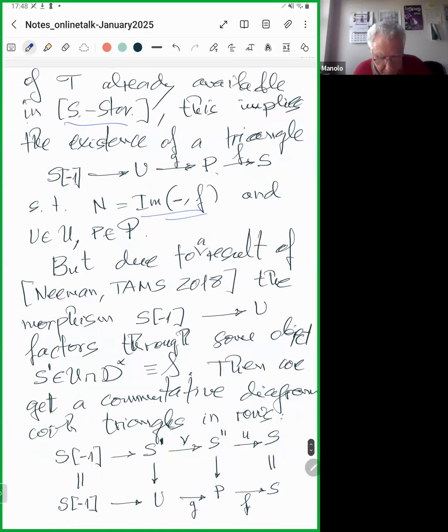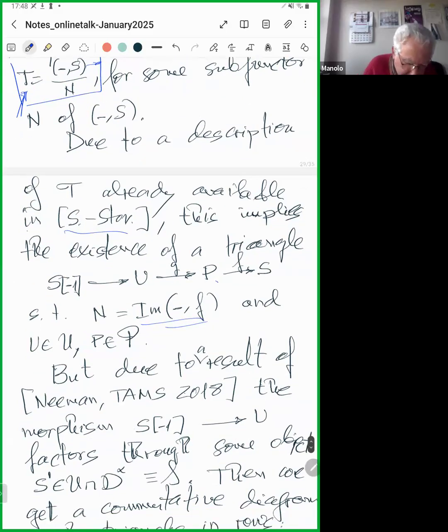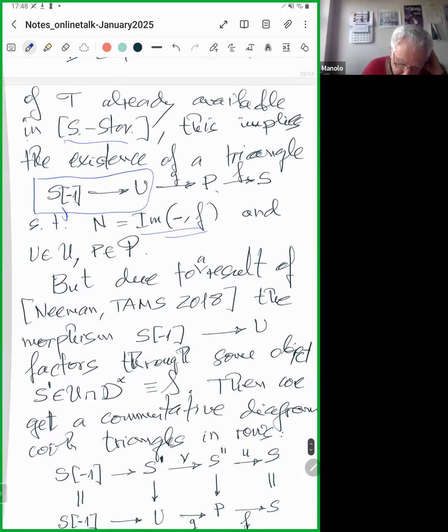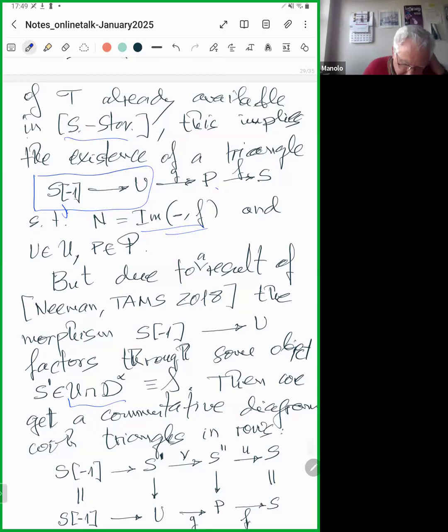And then, due to a result of Neeman, this map comes from an alpha compact object. This is no longer in the aisle, but it's an alpha compact object, and it goes to an object in U. And Neeman says that in such a case, these maps factor through some object which is alpha compact and is in the aisle, that we can take to be in S without loss of generality.